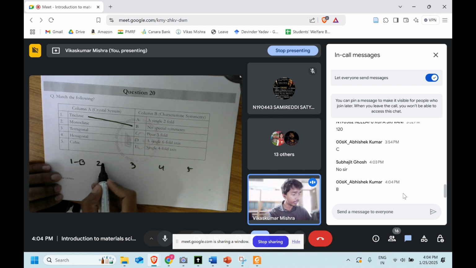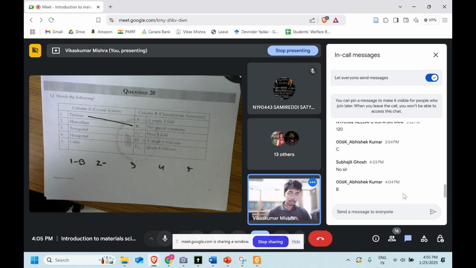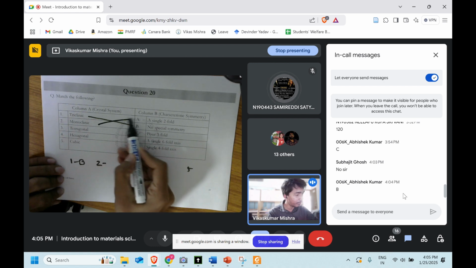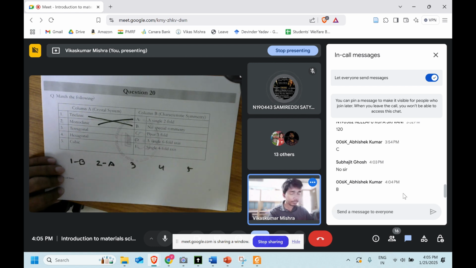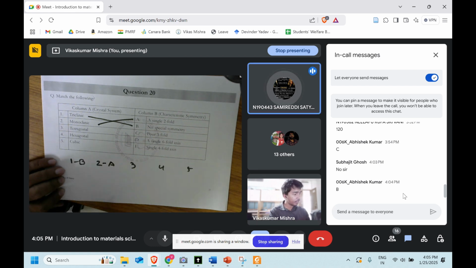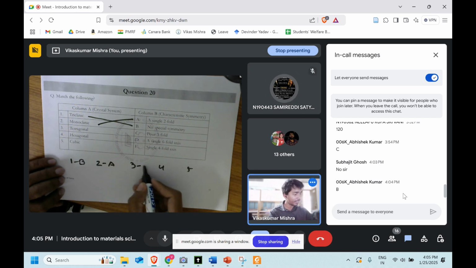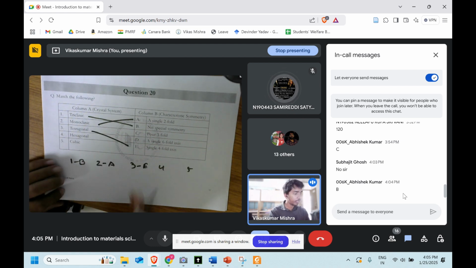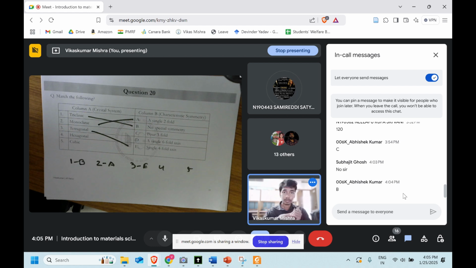What about the monoclinic? Single twofold. That's right. So the monoclinic matches option A. Tetragonal is single fourfold. That's right, so option E. Now the hexagonal, we know single sixfold.